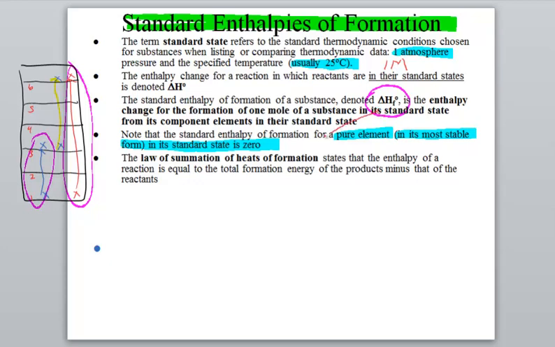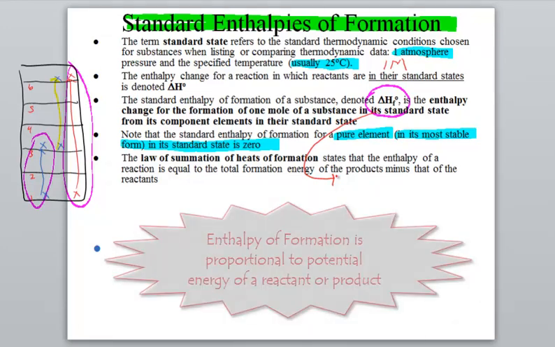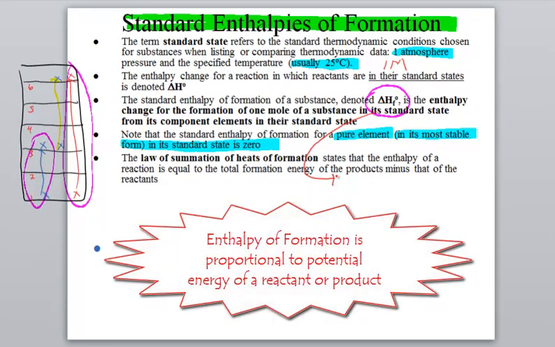This delta H of formation really is a change, and it really does mean that. But when you look at it and you use these numbers, think of it more as the potential energy of those chemicals. It's proportional to that when we use it as a change for the reaction. I know that's a little confusing, but we'll do some practicing as we go along.